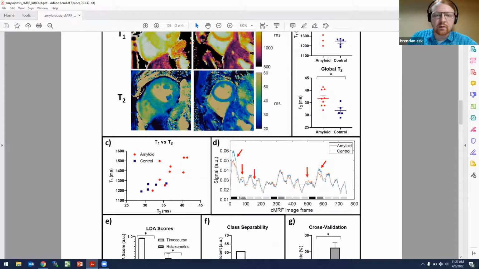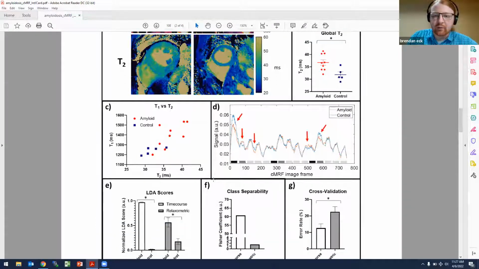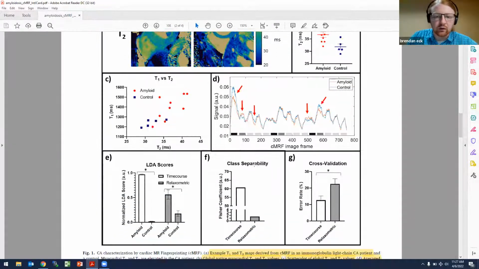These black, medium gray, and light gray bars at the bottom just denote the preparation that was applied. So there's an inversion preparation for these black bars here. For the medium gray ones, there was no preparation. And for the light gray, there were T2 preparations. And those details are available on request if you want to know.